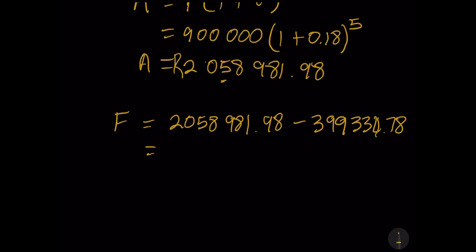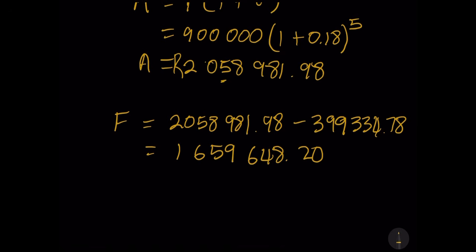And in this case, the cost of replacing the equipment would now be 1,659,648 and 20 cents. Okay, so if I may ask, please just make sure and verify these values for me, just to make sure that we are all on the same page.